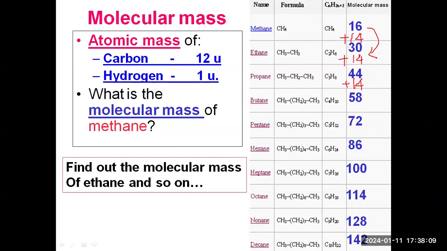The reason is at every step there is an increase of CH2, 1 carbon and 2 hydrogen. So 12 plus 2, this is the increase everywhere. So the adjacent member of this series is having an extra carbon and 2 extra hydrogen.